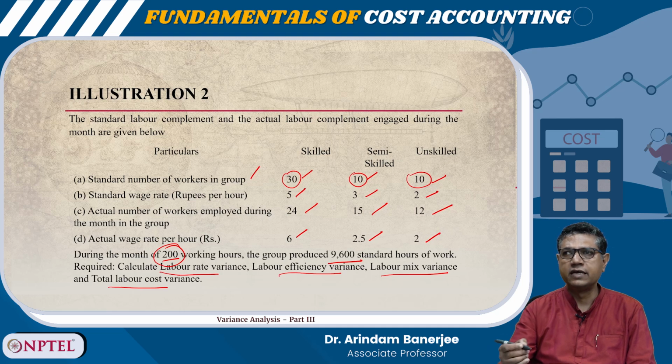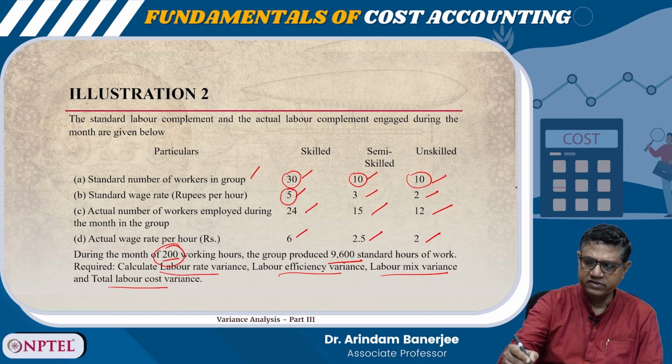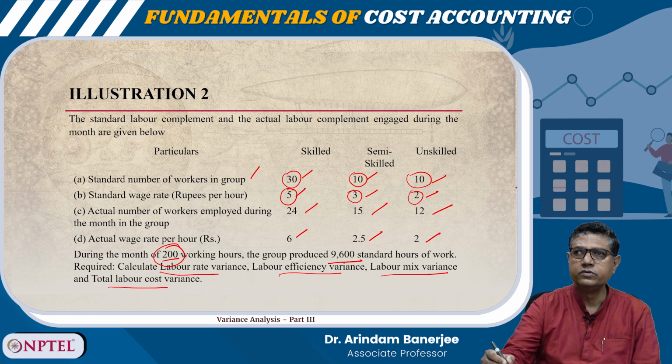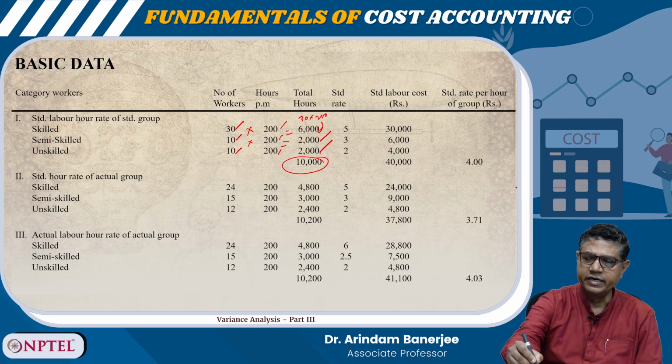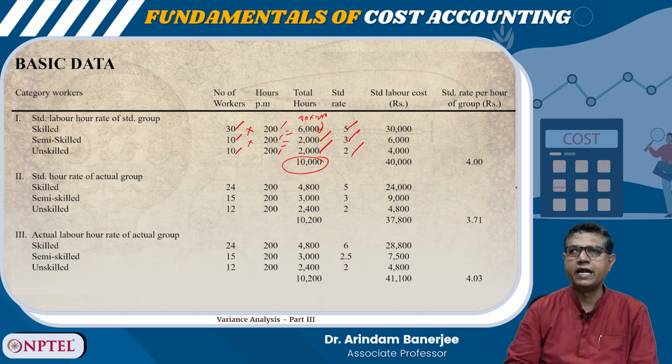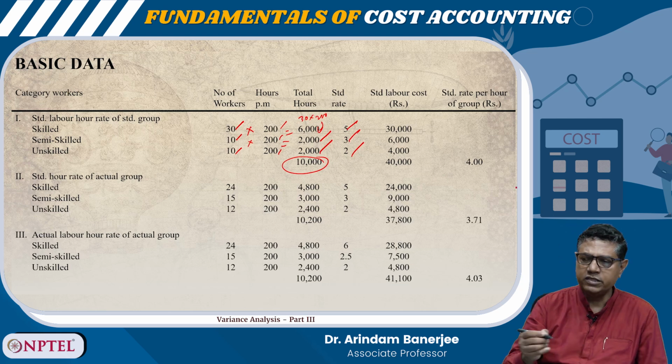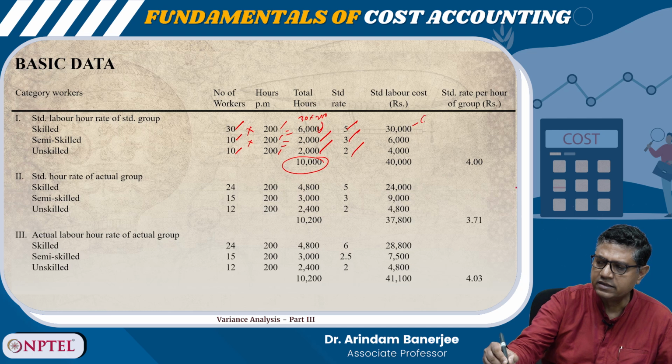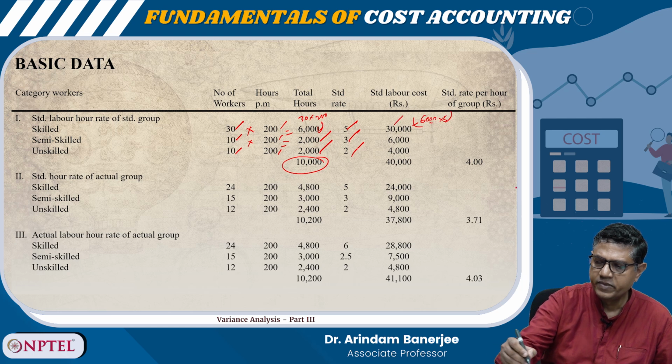What is the standard rate? The standard rates are given here: 5, 3 and 2. Standard labor cost will be how much? 6,000 into 5, so it is 30,000. 2,000 into 3, so it is 6,000.